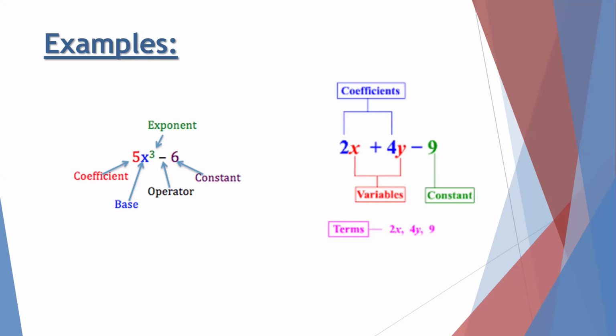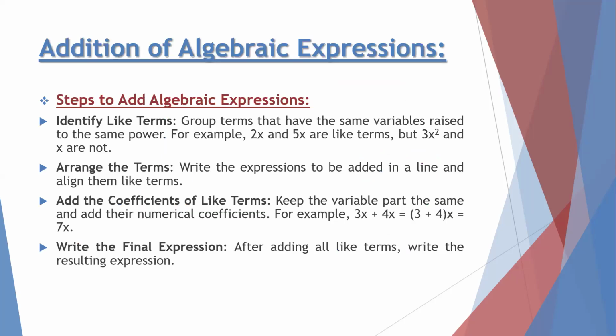Since 9 is a single number without any variable, 9 is a constant. How many terms can you see here? Yes, you are correct. There are 3 different terms with 2 different operators. I hope you understood the basic, important terms related to algebraic expressions. Let's move to the next slide.